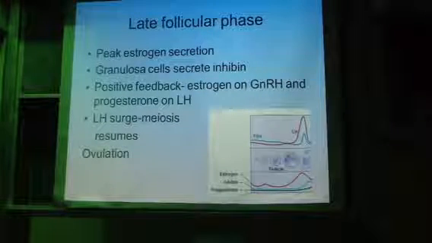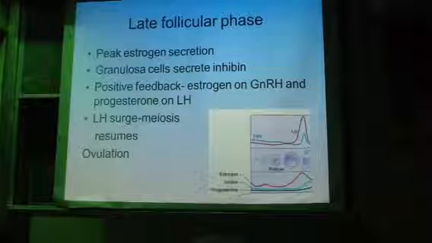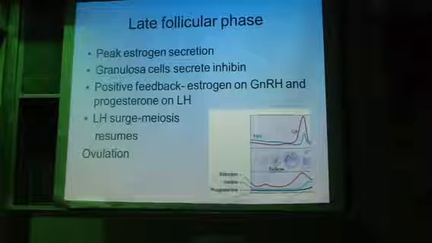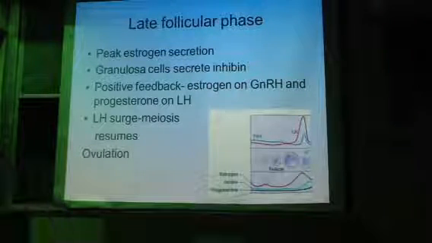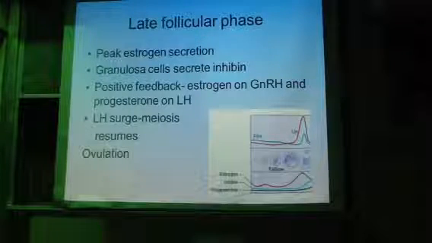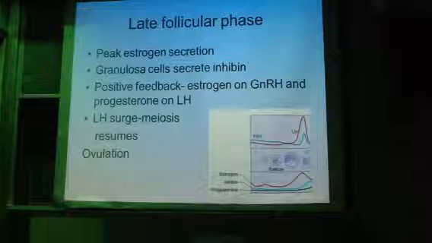Now, we're still in the first 14 days of the cycle, but we're in the latter part of the 14 days, okay? This is the ovarian cycle. This is where we're going to get a peak in LH. So you can see that the follicles have grown and grown and grown.